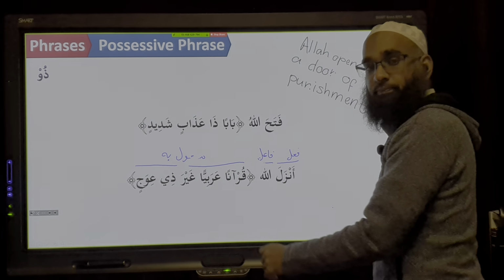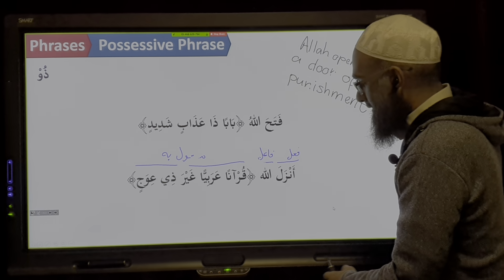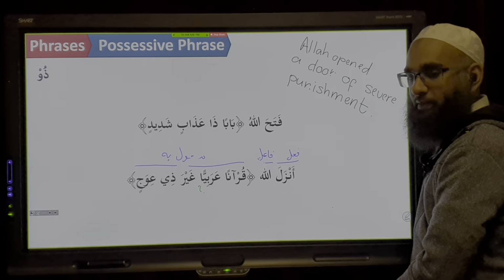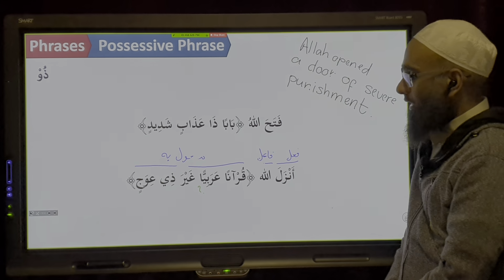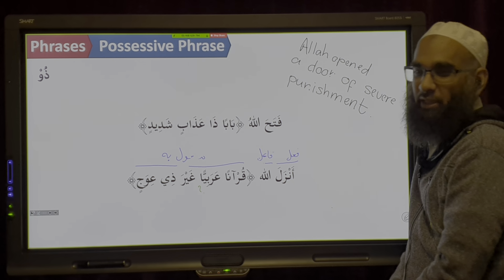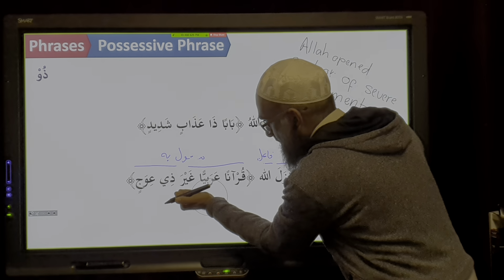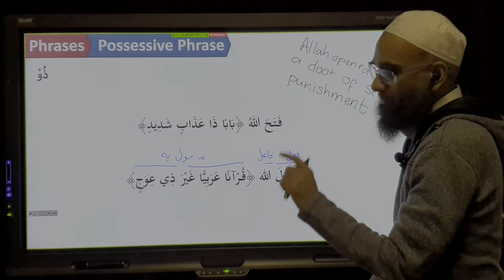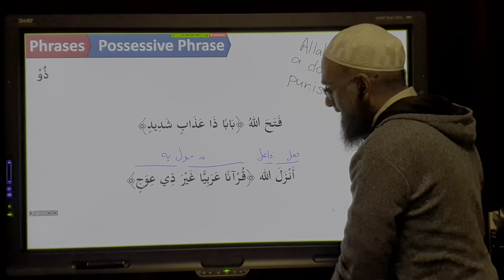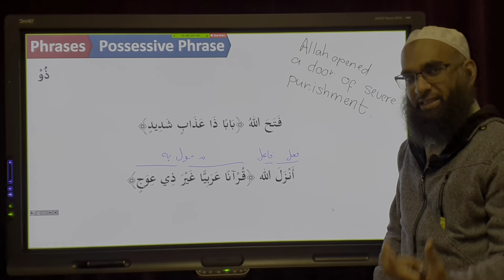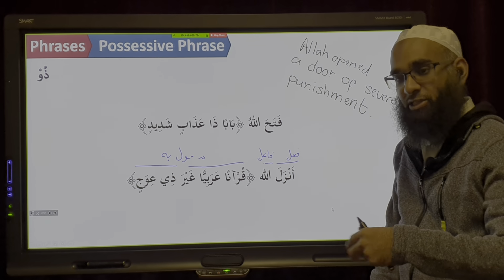Then, is that man'ut? Is that man'ut? Quran and Arabian together. Can two words become man'ut? So what do we make the man'ut? Two words can be in some places, but what would you make it here? What does Arabian mean? Arabic. So is that a word that describes, or is that something that describes something else?